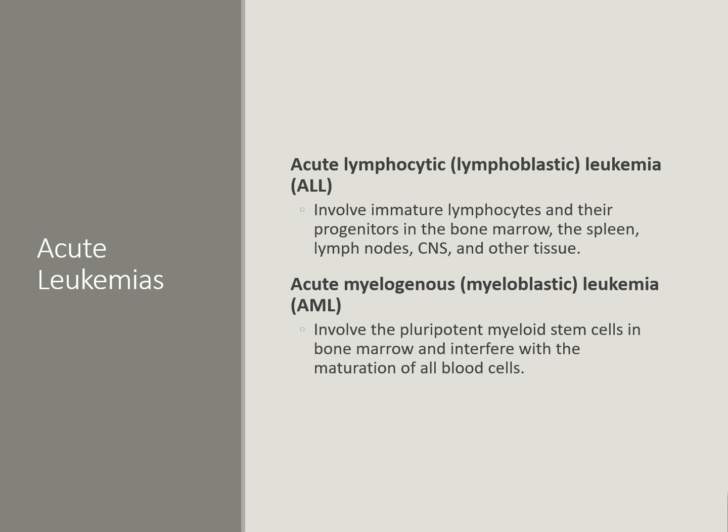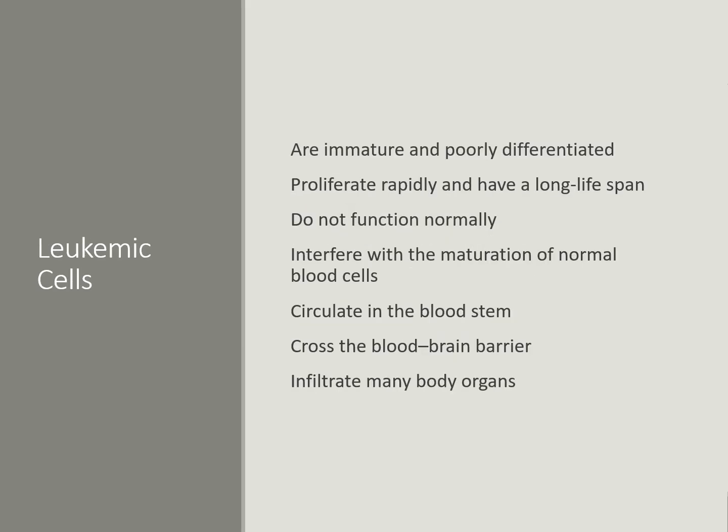AML is acute myelogenous or myeloblastic leukemia, and that involves the pluripotent myeloid stem cells in the bone marrow. That interferes with the maturation of all blood cells. AMLs are usually associated with more acquired genetic alterations. Some hallmarks of leukemic cells: the cells themselves are immature and poorly differentiated.